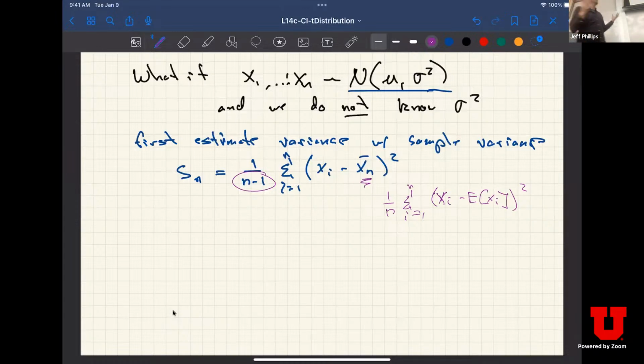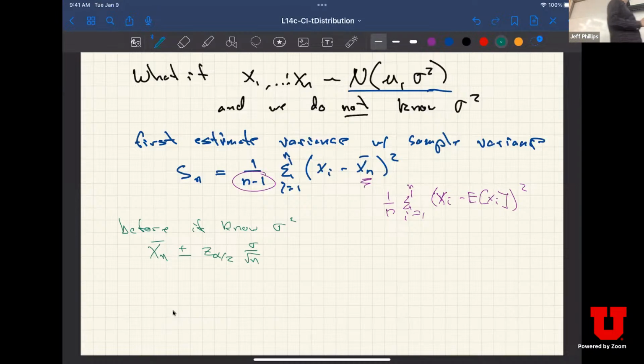So now we want an estimator for the confidence interval. Before, if we knew the true variance, then the confidence interval was Xn bar plus or minus z alpha over 2 times sigma over the square root of n.